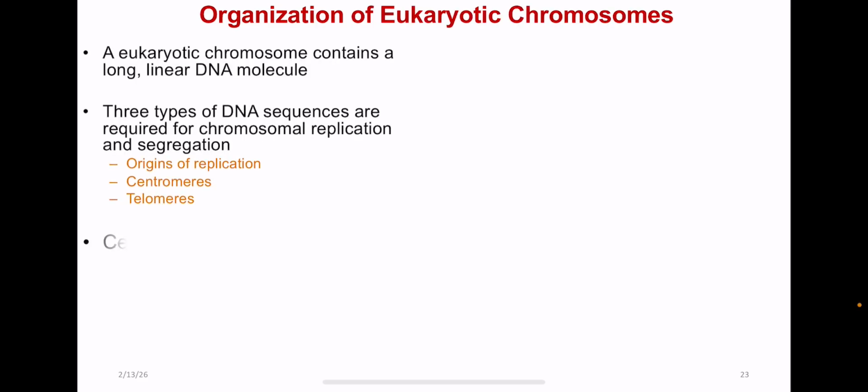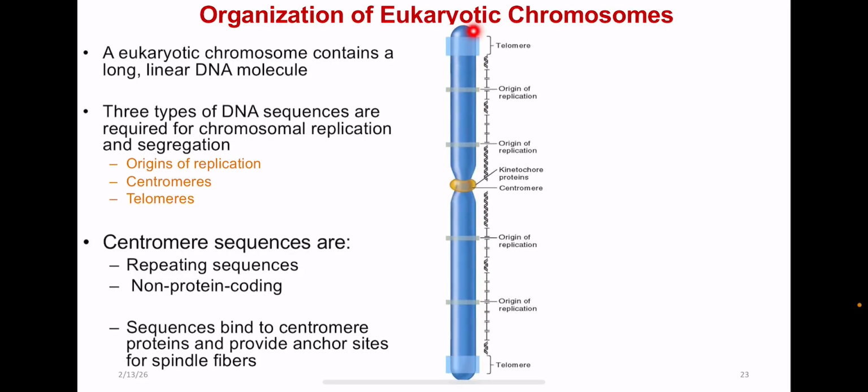So let's look at how the eukaryotic chromosomes are packed. Let's first look at the organization. As I said, our chromosomes are linear, and we have a centromere in the middle of our chromosome that separates it into 2 arms. We will get the names of the arms later. But unlike bacterial chromosomes, we have multiple origins of replication.